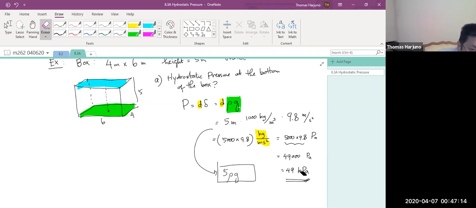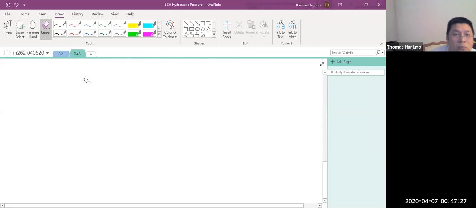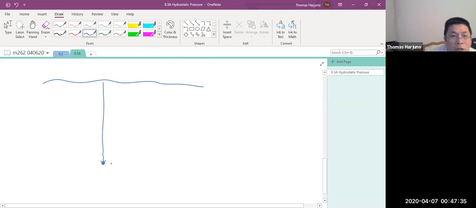If you imagine you have a very deep sea, let's say this is the sea, and then you try to dive in. Now the pressure that you experience here will equal how deep you are multiplied by rho g.